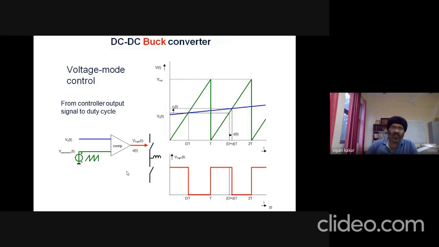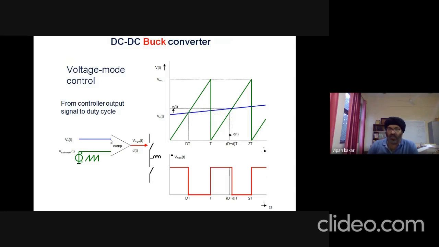In this case, again, we'll be talking about pulse width modulation. This is a control voltage VCT, and this is a sawtooth voltage shown like this. Both are compared just like here. This is the sawtooth voltage, and this is the control voltage in blue.